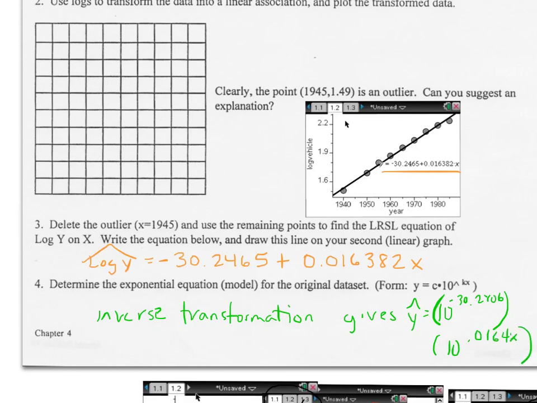Sorry about that, I might have called that top one slope. It's the y-intercept, and this one's our slope. And that is how you do the inverse transformation of a log to write that exponential equation model for the original data set. Thank you for joining me on an example problem on how to transform our data to achieve linearity.